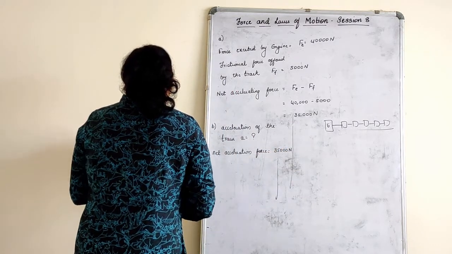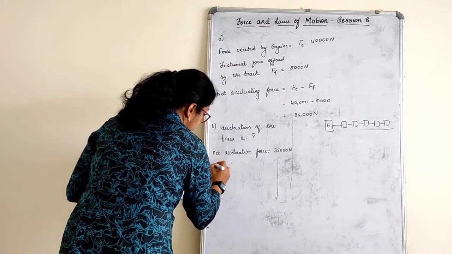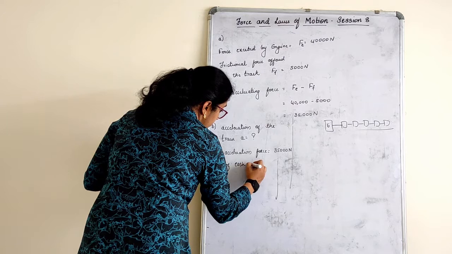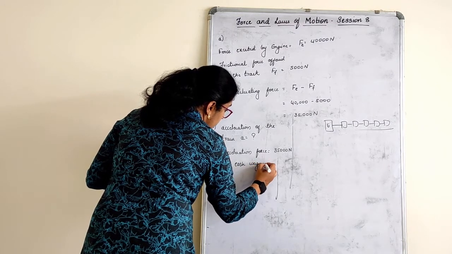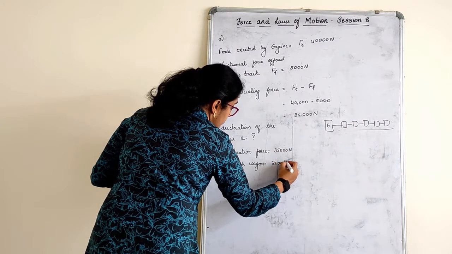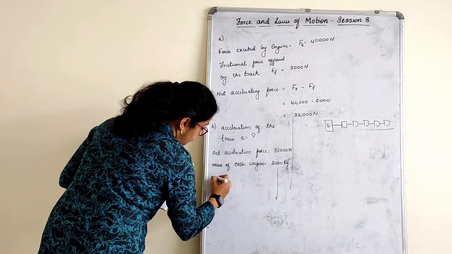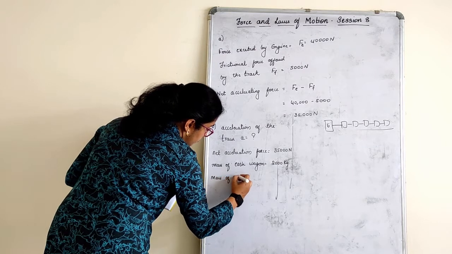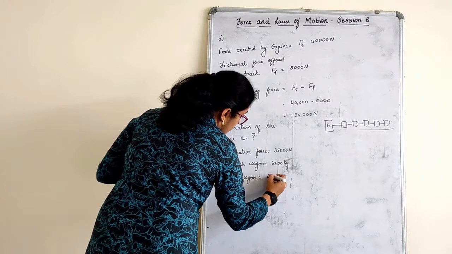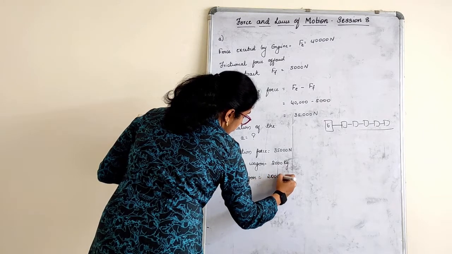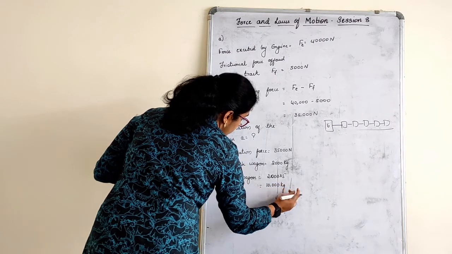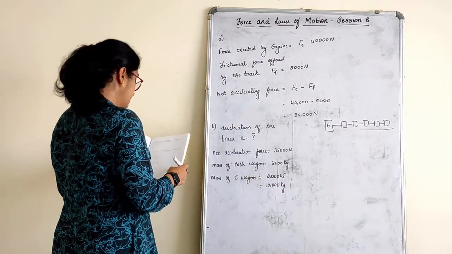Keep it as it is. Mass of each wagon is 2000 kg. Mass of 5 wagons is 2000 into 5, 10,000 kg. Right? Things are very clear.